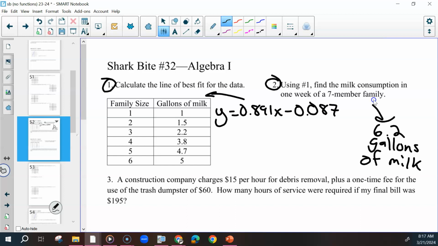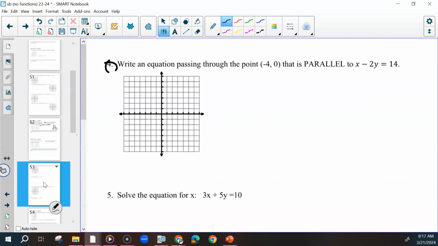Questions on those 2? And then on number 4, this is very similar to the last shortcut you did, where you could have used the graph, but in order to do that, you would have had to solve this.